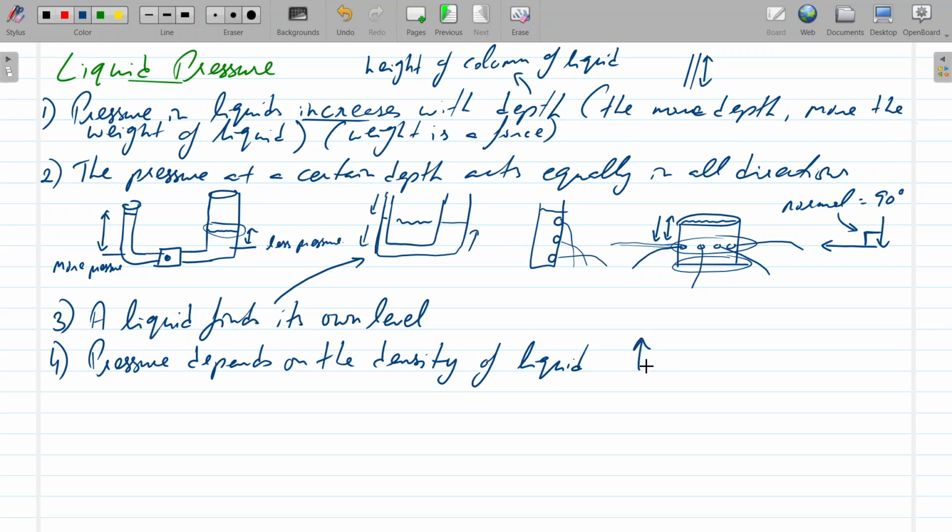Exactly. The greater the density, the more the pressure. And you add then the depth. So the greater the depth with the density, the more the pressure, and all those factors.